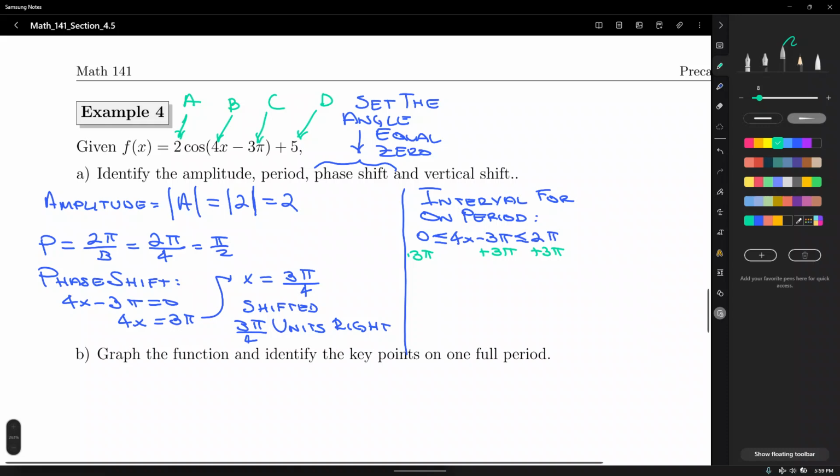That's going to leave us with 3 pi less than or equal to 4x less than or equal to 5 pi. And then divide the three sides of the inequality by 4. And that is 3 pi over 4 less than or equal to x less than or equal to 5 pi over 4.